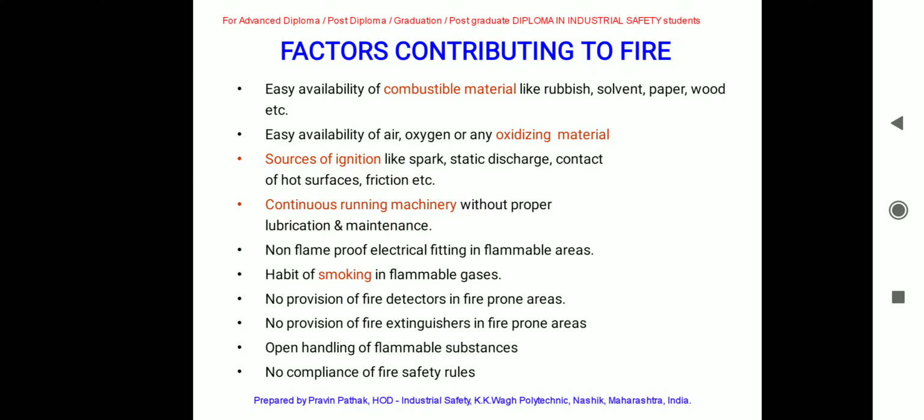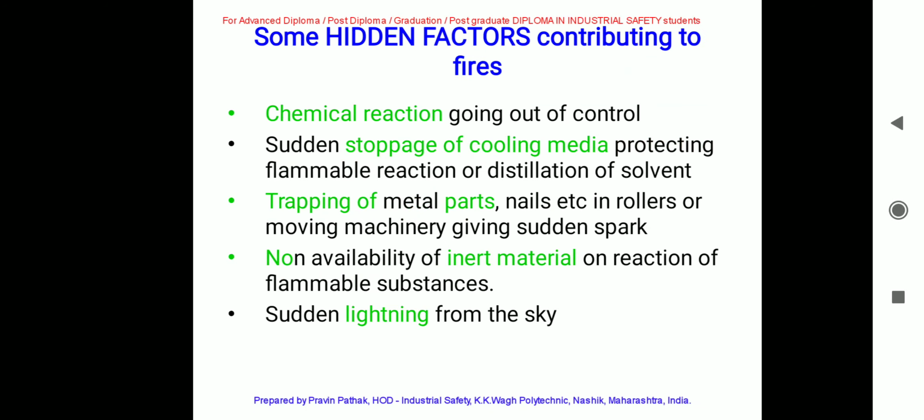No provision of fire detectors in fire prone areas. No provision of fire extinguishers in fire prone areas. Open handling of flammable substances. No compliance with fire safety rules. So these are the common factors for fire.